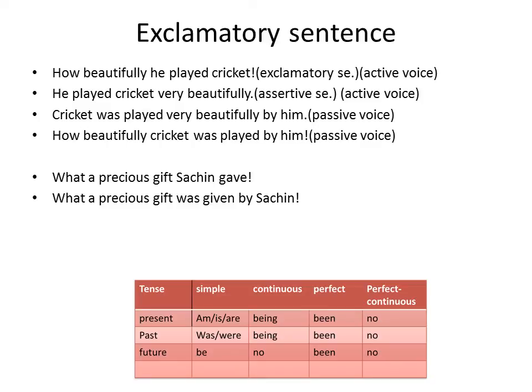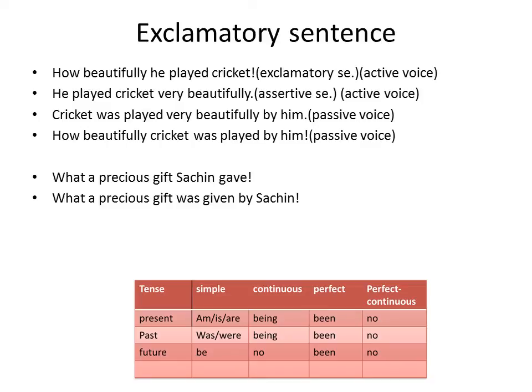Now both of these sentences are in active voice. First of all, we are going to transfer it into passive voice. Then we will make the passive voice of that assertive sentence. First of all, let's find out the object. He played cricket very beautifully.